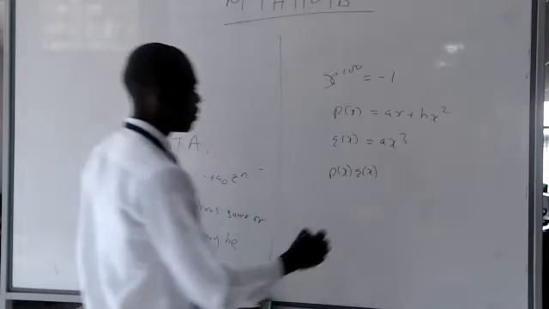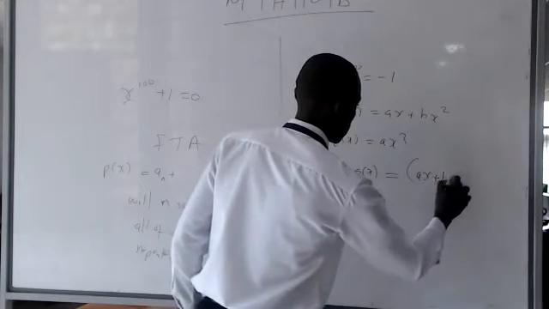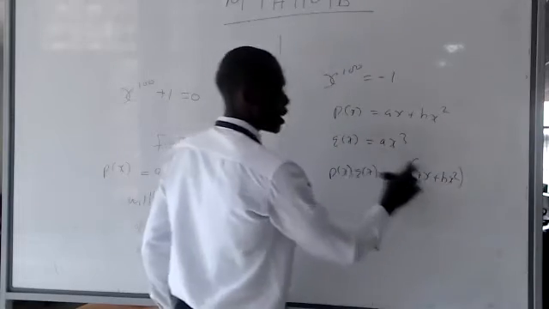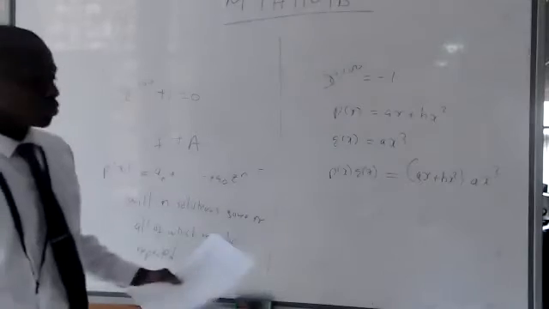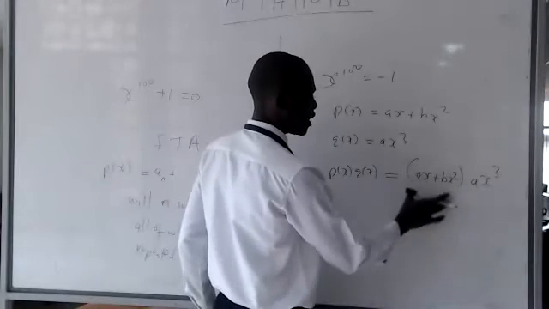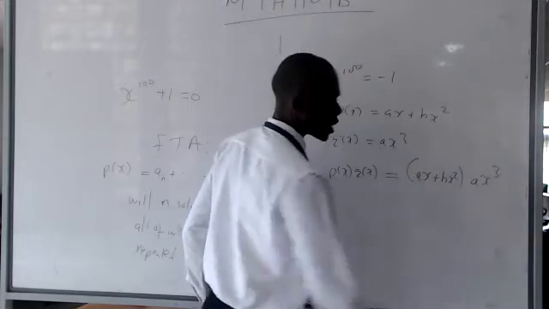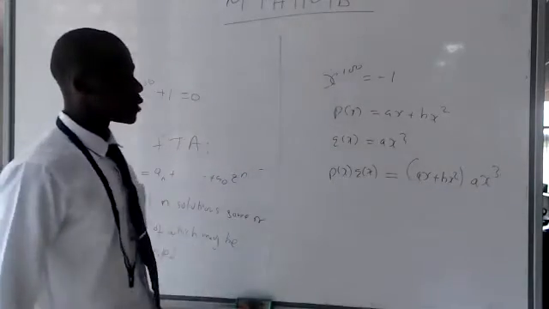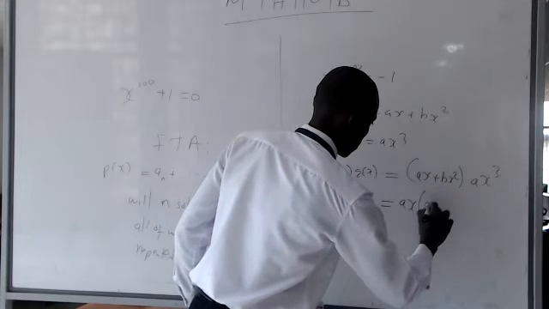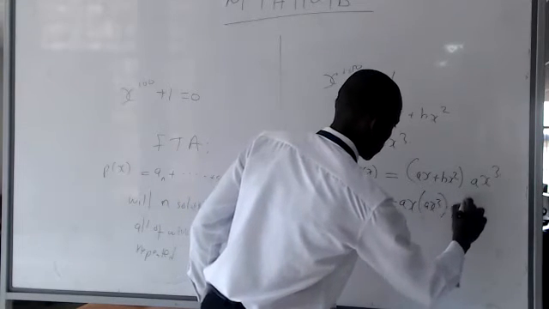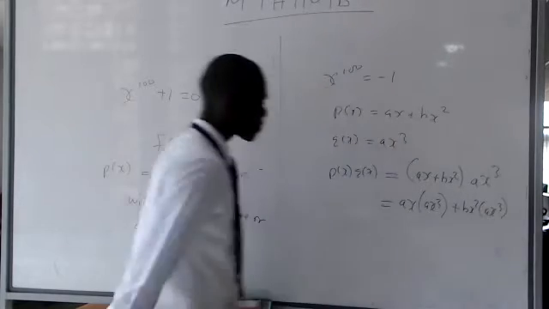So how do you multiply polynomials? Very easy. Just write the first polynomial, ax plus bx squared, then the last one is ax cubed. We're going to use all the elements in the first bracket and multiply them by what's outside the bracket. Just usual expansion. So I will take ax multiplied by ax cubed plus bx squared multiplied by ax cubed.